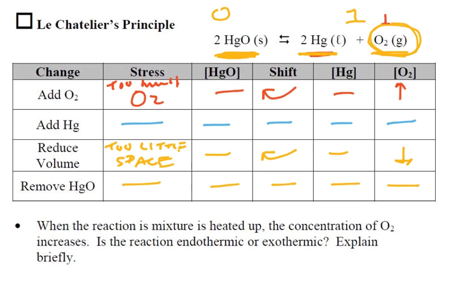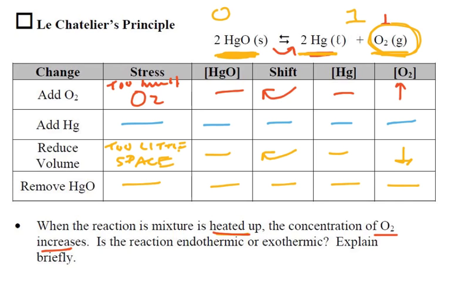When the reaction mixture is heated up, then the concentration of O2 increases. Is the reaction exothermic or endothermic? So here's what I do: when the reaction mixture is heated up, the concentration of O2 increases. I translate that into, am I shifting to the right or to the left? If my O2 increases, that means I'm shifting to the right.